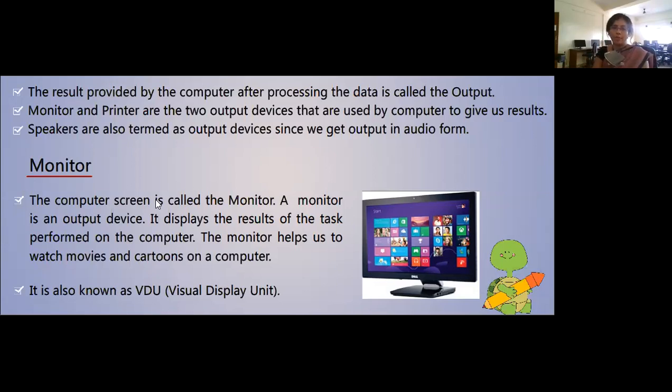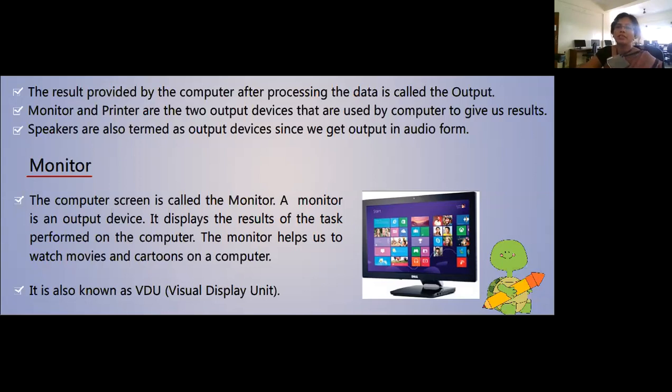Now it is a soft copy. Anything on the monitor is gone if it is switched off, but I want it on paper. So for that I use a printer. Do we put something inside the printer? No, right? The printer is something which gives us information. If we put in paper, it will print all the things and give them to us. That's why it is called an output device.